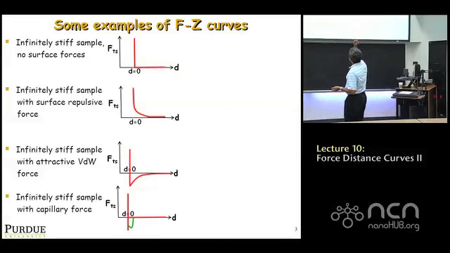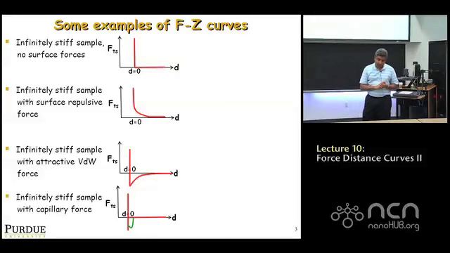Now, if it's an infinitely stiff sample, as soon as you close the gap, the resistance becomes infinite. It does not allow you to push any further. So, in other words, the slope of force versus D becomes infinity. That's what I would call an infinitely stiff spring.